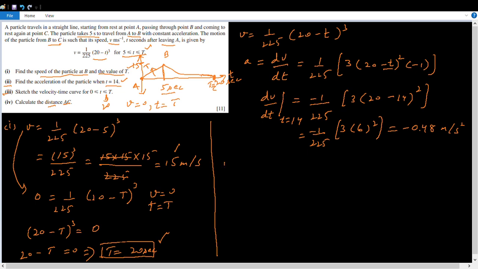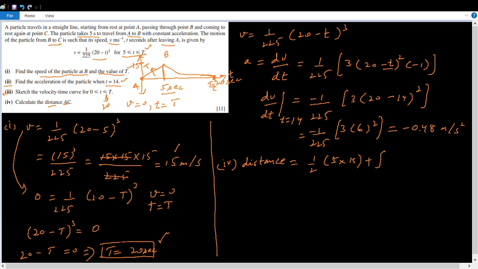So go to part number 4. Distance will be equal to the area of the triangle, 1/2 base times height. Base is 5 and height is 15, so 5 times 15, plus we will integrate, because the area under the curve we always find by integrating the equation of the curve, using the limits as well.